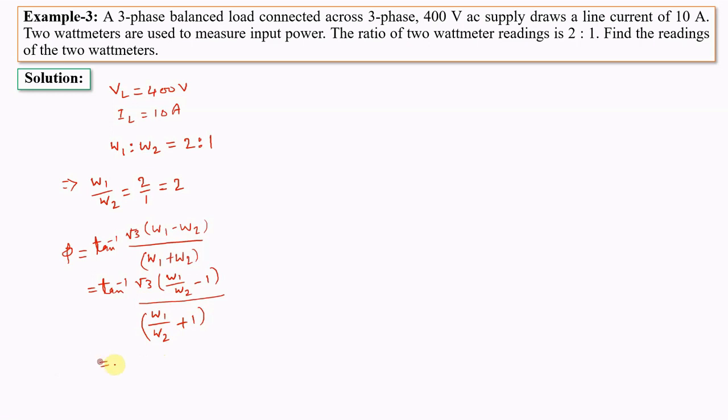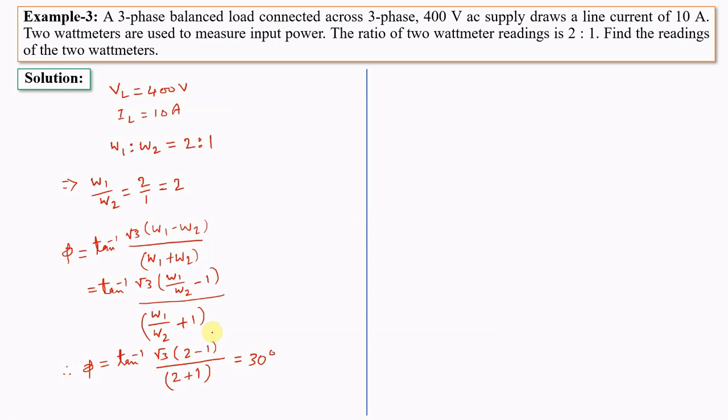So as we have already seen that W1 by W2 is equal to 2, it can be written as root 3 (2 minus 1) upon (2 plus 1). And finally, the value of phi we will obtain will be 30 degrees. So this is the value of phi.